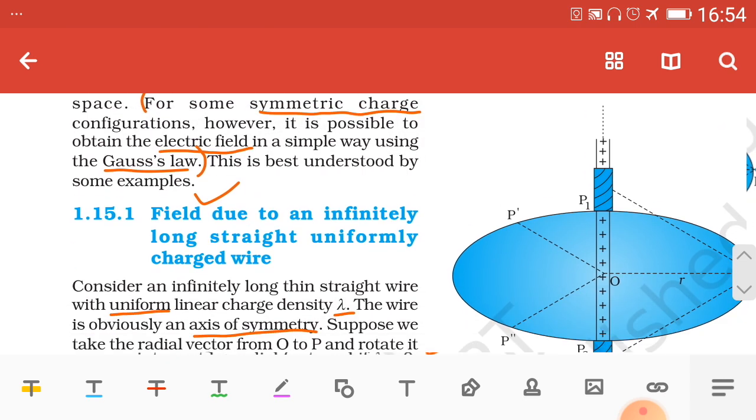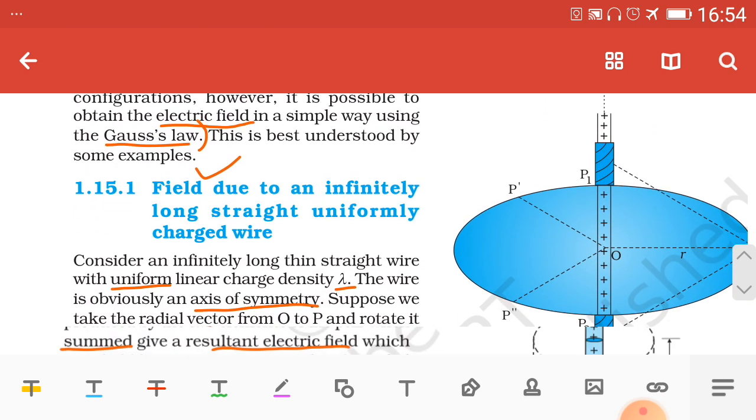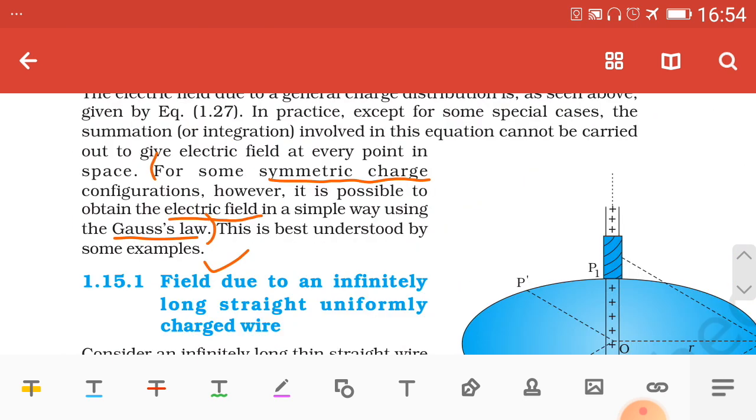Say P1 and P2, resultant electric field is radial.